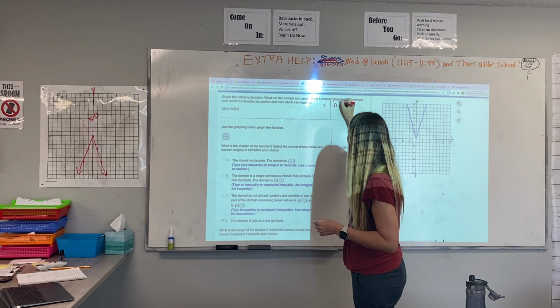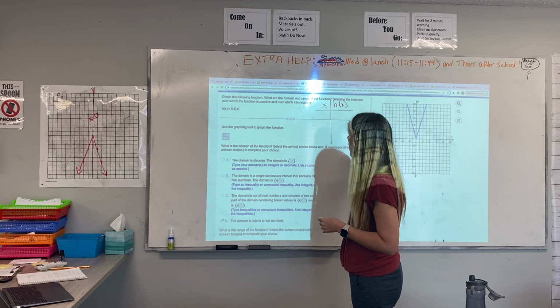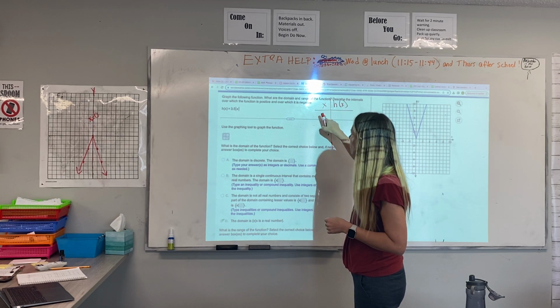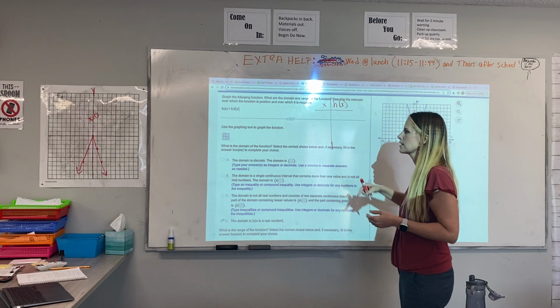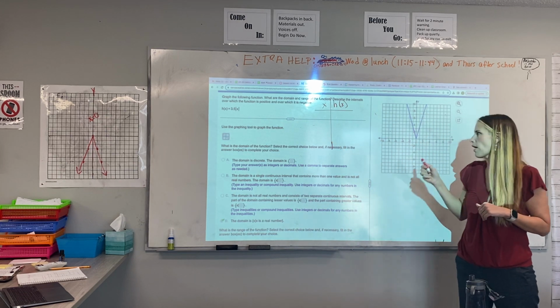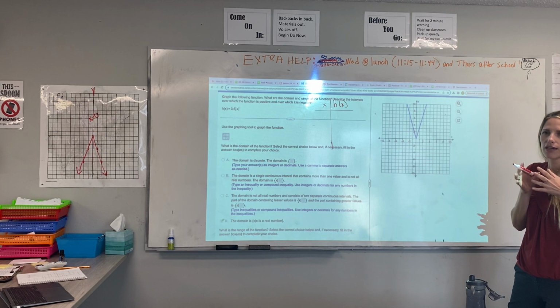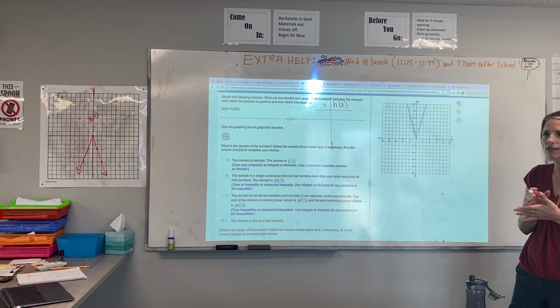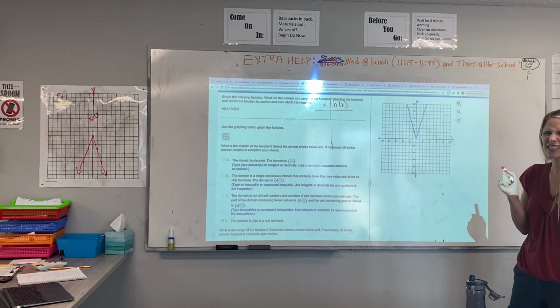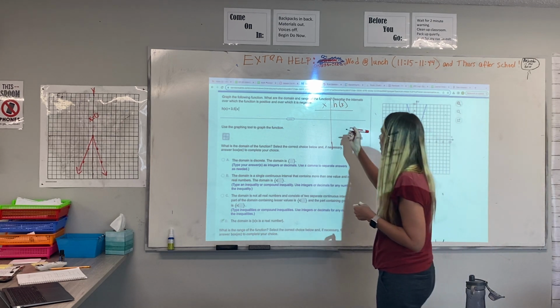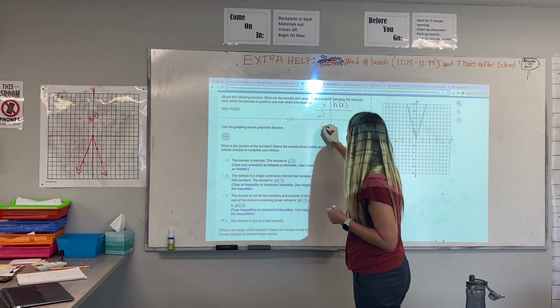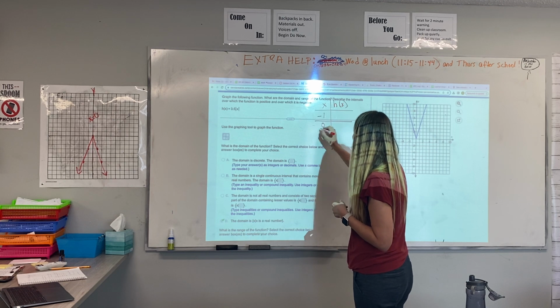This is called h of x, so that is our function of x. We're going to input some values. The great thing is, graphing digitally only requires your vertex and one other point. So I keep it really simple and just graph -1, 0, and 1.